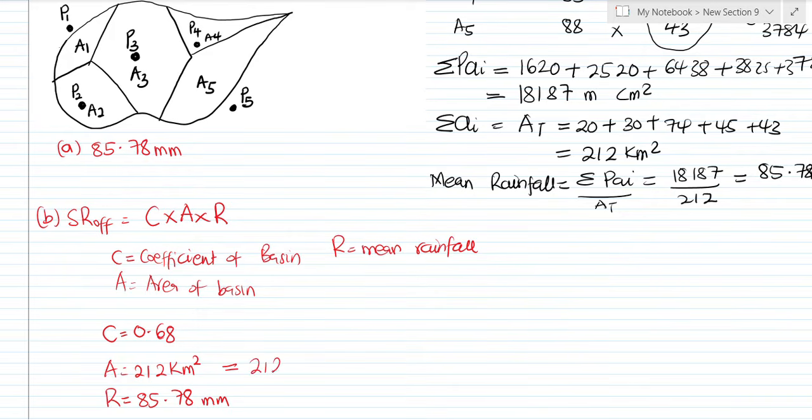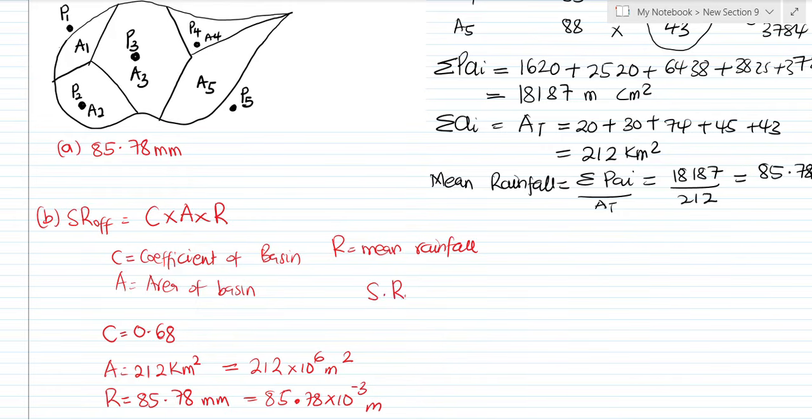Now with these, we need to change them to the same unit. So this is 212 times 10 to the power 6 meter squared, and this is 85.78 times 10 to the power minus 3 meters. Now we are changing them to the same unit, meters, right? So we can then find our surface runoff.